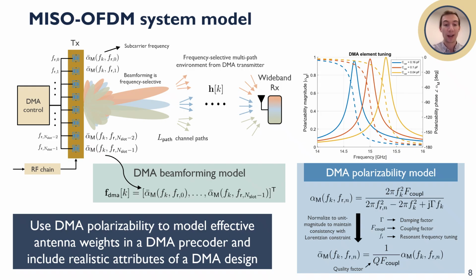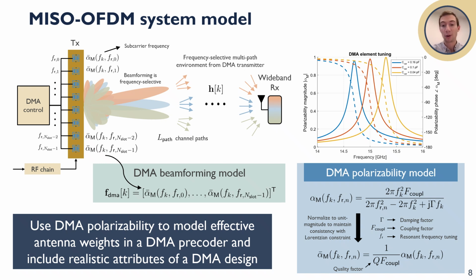It was shown by David Smith's group over at Duke that the magnetic polarizability of each of the DMA elements, which we can see on the right there, is what characterizes the radiated amplitude and phase from all of the elements. And so we have this nice equation here with a couple of terms that dictate the geometry and the design of the DMA, like the damping factor, coupling factor, and resonant frequency tuning.